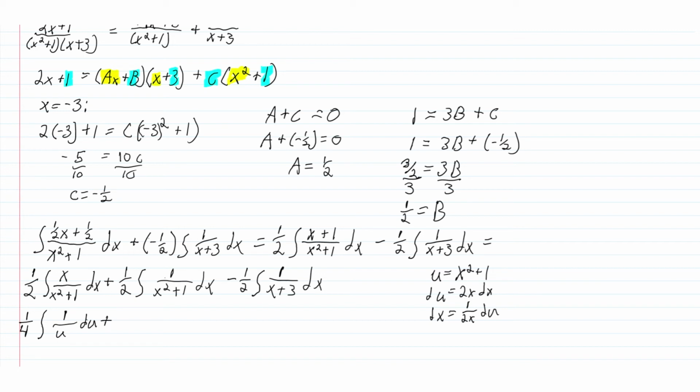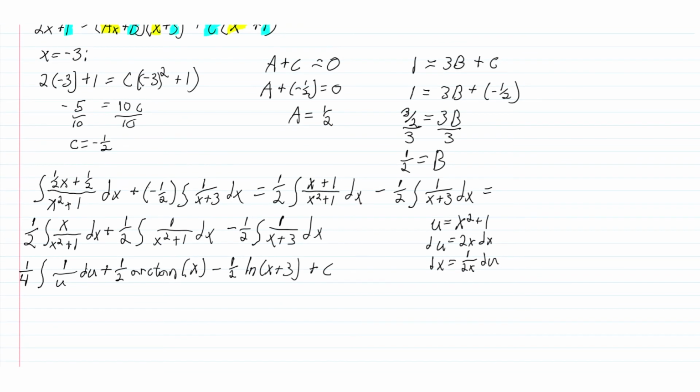And now we can start integrating the next couple of terms. So we have 1/2 the integral of 1 over x squared plus 1. And that's just an arctangent. So we'll have 1/2 the arctangent of x, and then minus 1/2 of the ln of x plus 3, and we'll go ahead and put our plus c on the end. Now we got one more step to integrate this 1 over u and plug back in.